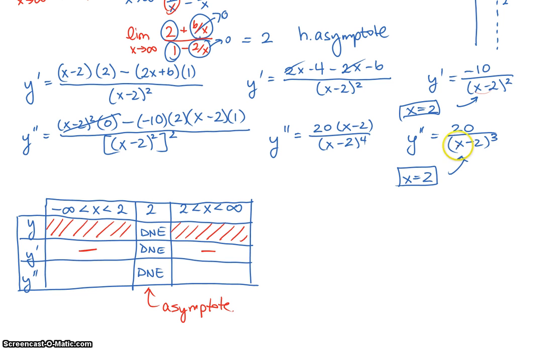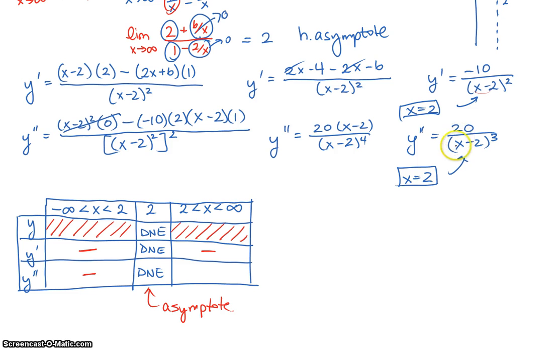If you plug in, again, for the second derivative, say 0 and 3, same thing's going to happen. It's going to be positive this time because I've made my numerator positive versus here I made my numerator negative, or you could have made your denominator negative on that one, doesn't matter. In this particular case, because you're cubing it, anything that ends up being negative down here will make the entire thing negative, which in this case, if I plug in 0, 0 minus 2, then you're going to get a negative cubed, the whole thing's going to be negative.